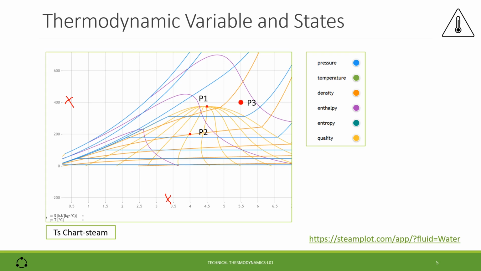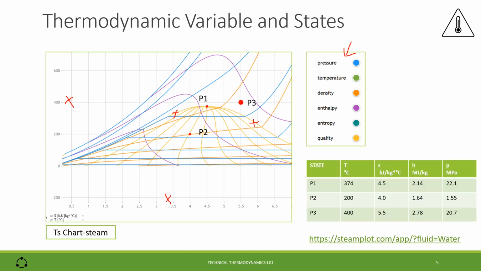Within the chart are also represented, in different colors, the curves of constant transformations: constant pressure, constant density, constant enthalpy, and constant quality. We will speak about transformations later in this video. The orange bell represents the limit of the saturation region. By giving two input variables, T and S, the tool calculates the remaining ones automatically.